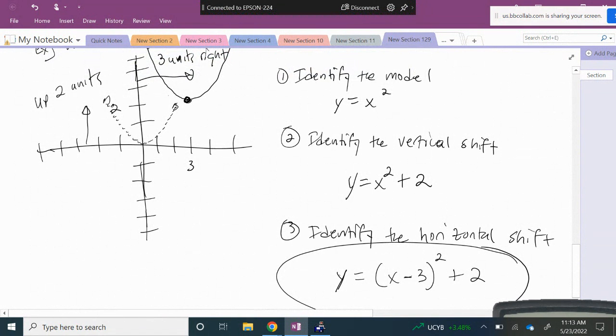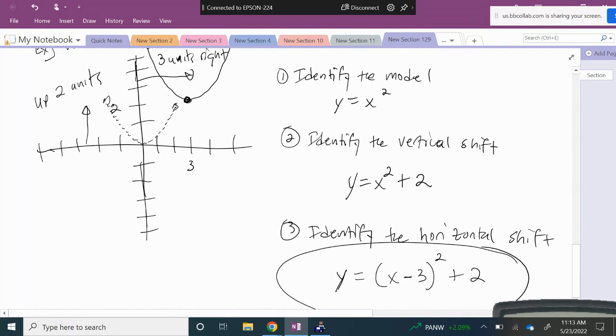Right, now, you don't necessarily have to go in this order. I mean, you should find the model form first, and then you could identify the horizontal shift and then identify the vertical shift. Right? There is no right or wrong or any particular order. Okay, but I generally like to find the model form.